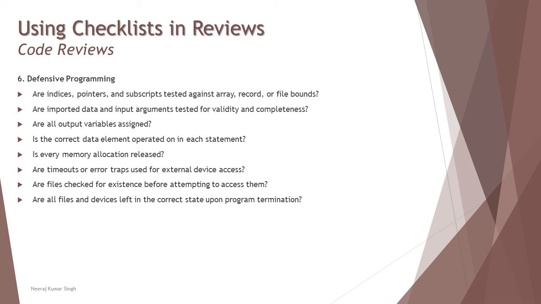So for example, before retrieving the information, looking for network connectivity is a default standard in defensive programming, which does not let the server stay engaged waiting for a response when the network itself is not available. So we have such simple prerequisites as a command which can be executed before the program actually becomes a part of your execution. And all those things will be considered as a part of the checklist to be used in the code review.